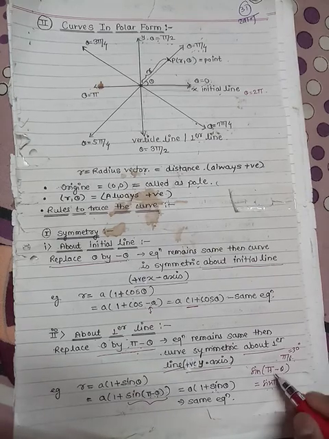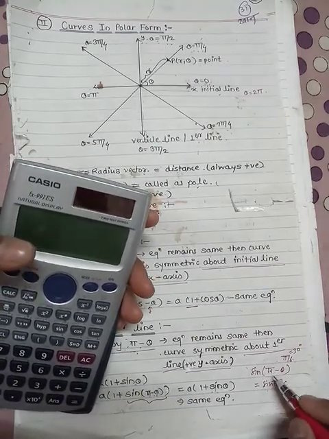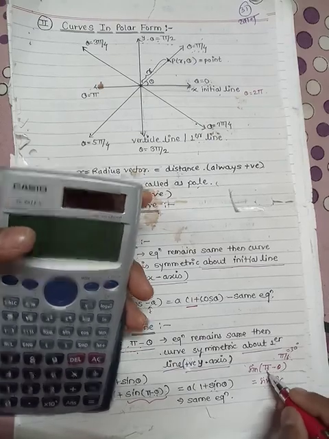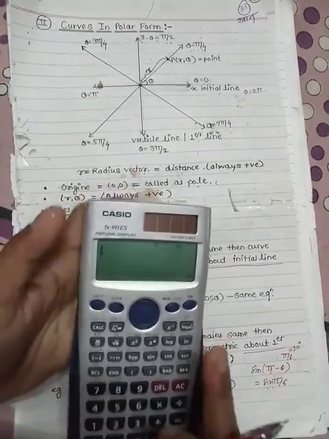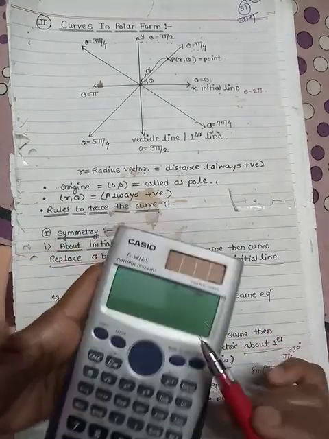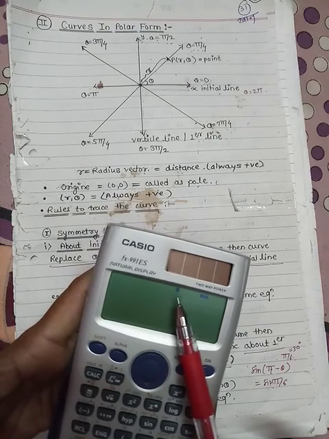When you use the calci and do the calculation in the form of pi, we have to set the calci in the radian form, because you can see the D notation here.